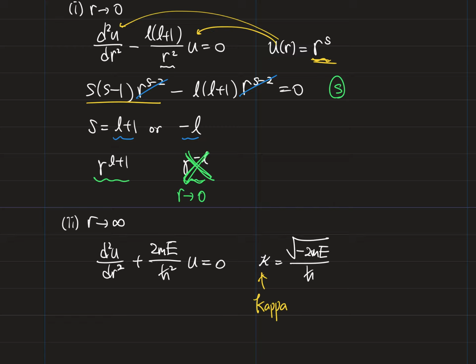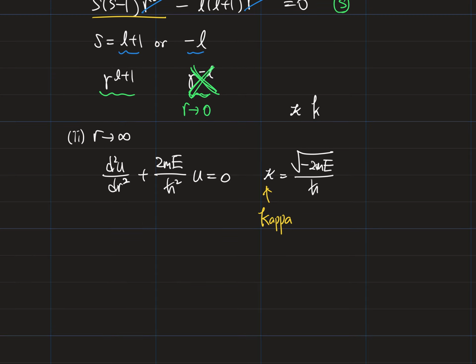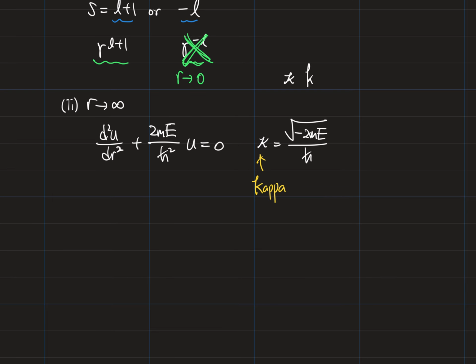Kappa is a little bit smaller and k is taller. Anyway, with the introduction of kappa, this differential equation is d square u dr square equals kappa square u.